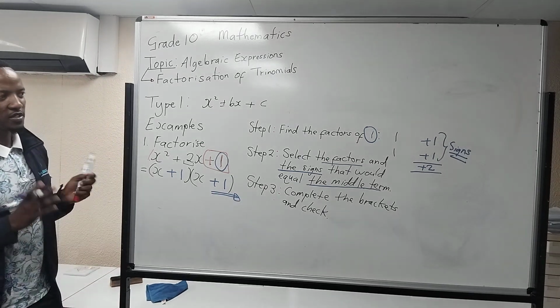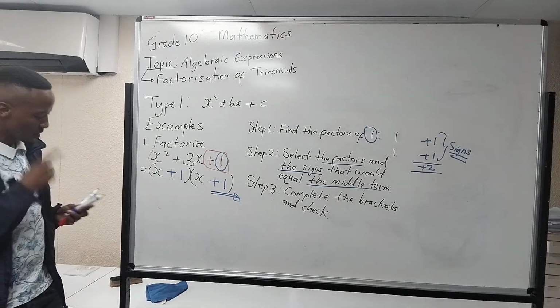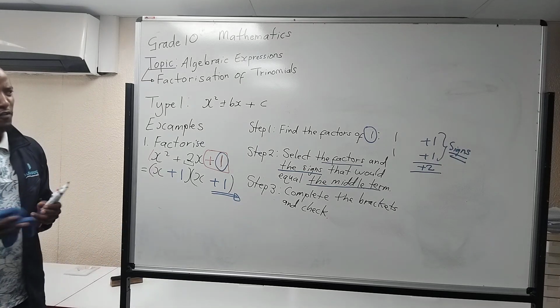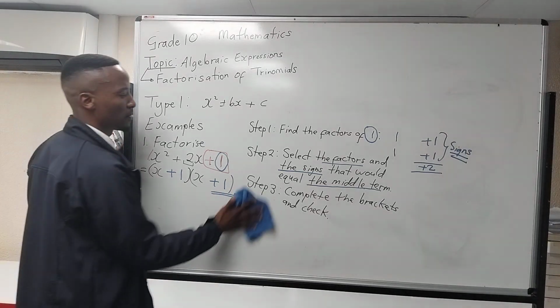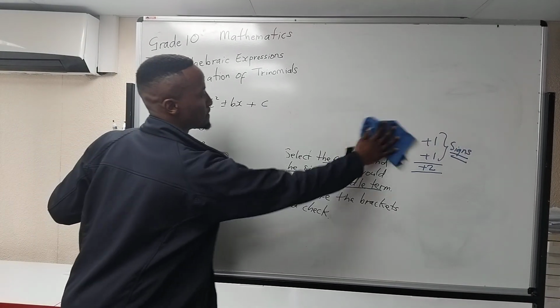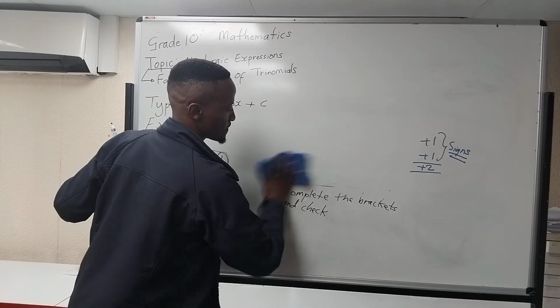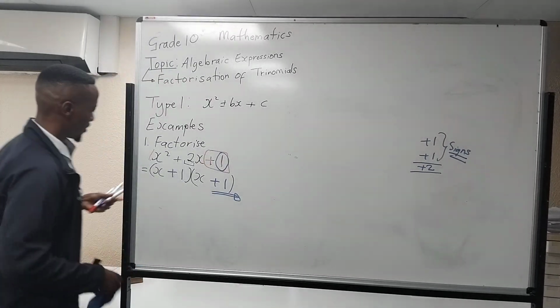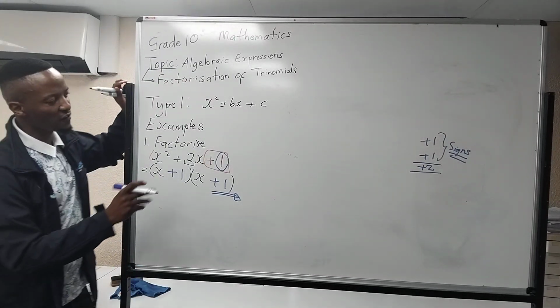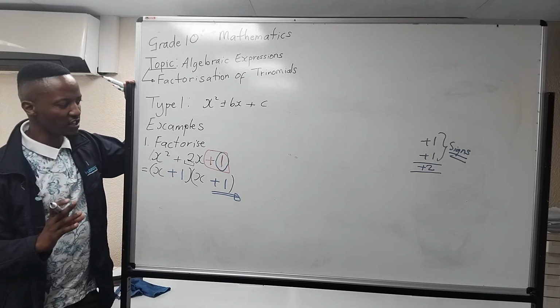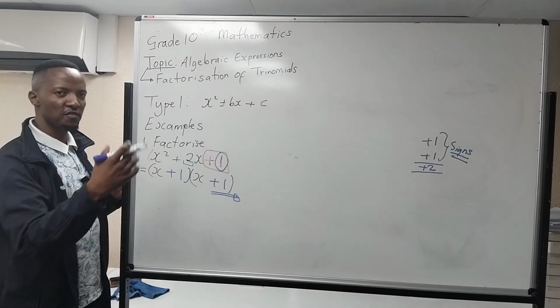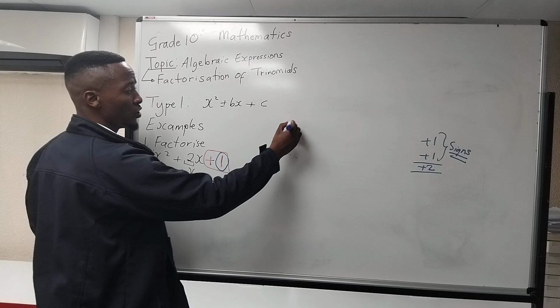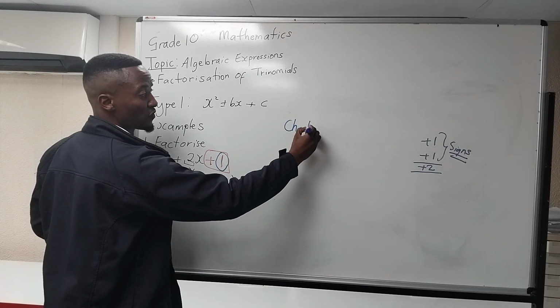But the last step says now we must check. By checking, we mean the following. When we say we have to check on step number 3, we are saying you can just use a rough page and then you check the correctness of your factorization.